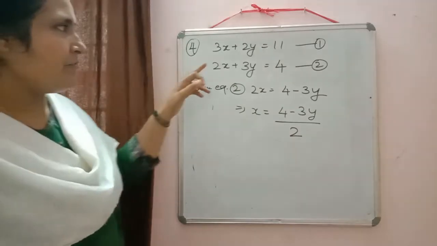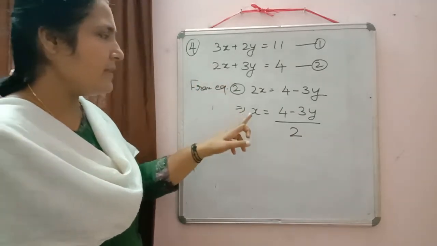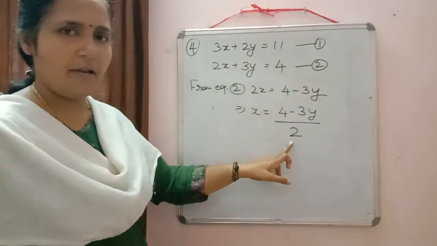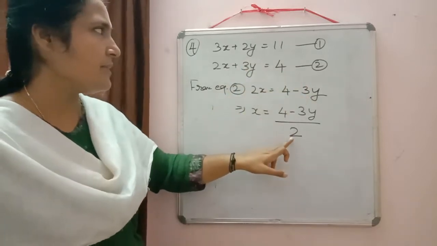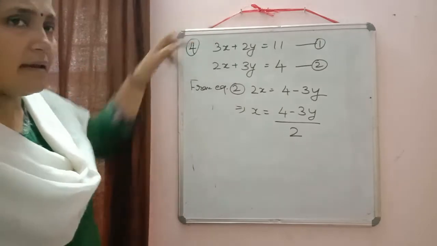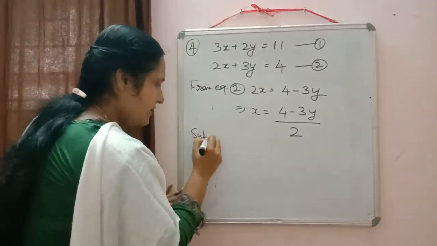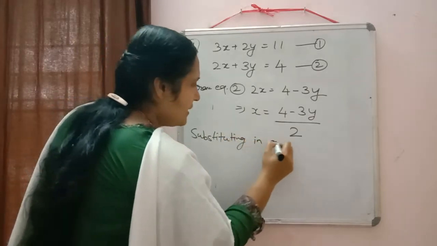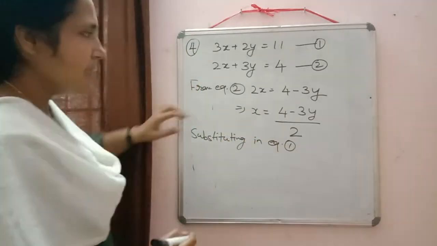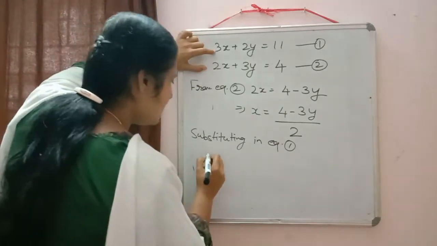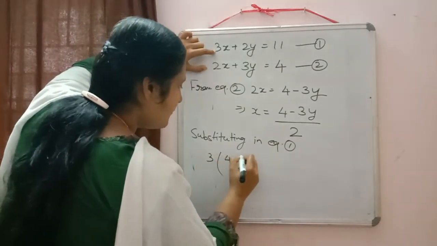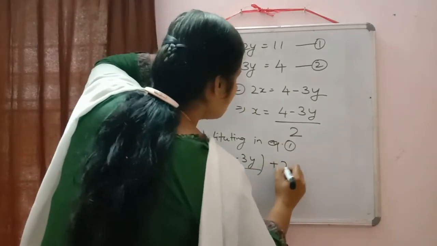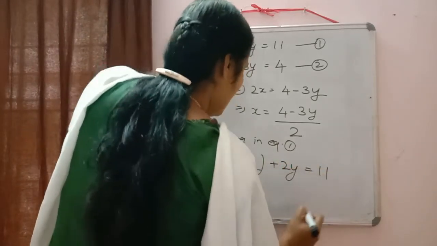What we did: from equation 2, we wrote x is equal to 4 minus 3y by 2, and we are substituting the value of x in equation 1, in place of x. So it will be equal to 3 into 4 minus 3y by 2 plus 2y is equal to 11.